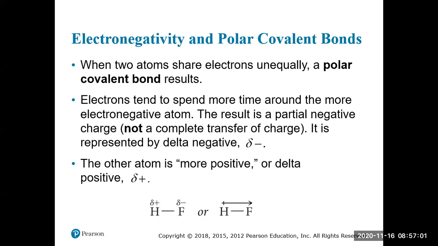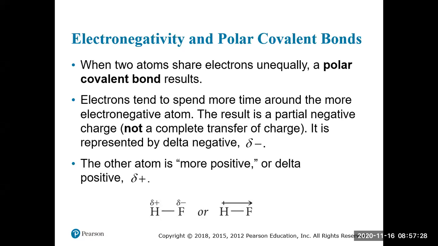There's that little delta sign where there's a delta plus and then a delta minus. The delta plus on the hydrogen, the delta minus on the fluorine. That indicates that the charge favors going to fluorine. Because remember, we're talking about electrons. So if one of them has more electrons present than the other, it's going to be negative because electrons are negatively charged.